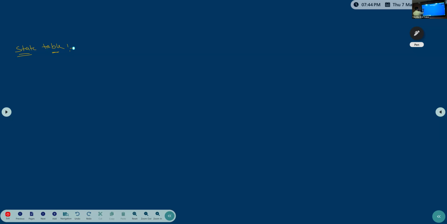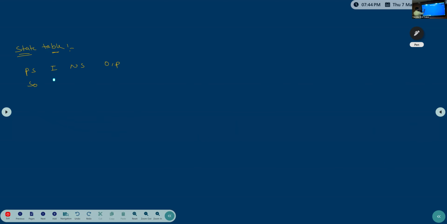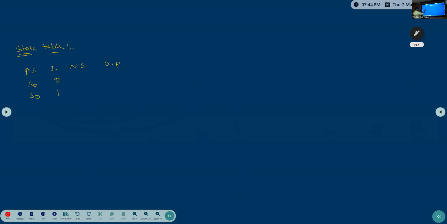So same thing. Present state, input, next state, output. Present state is S0. S0, 0 can be there, S0, 1 can be there. S0, 0, I need to stay in S0. S0, 1, I need to go to S1. S1, 0 can be there, S1, 1 can be there.